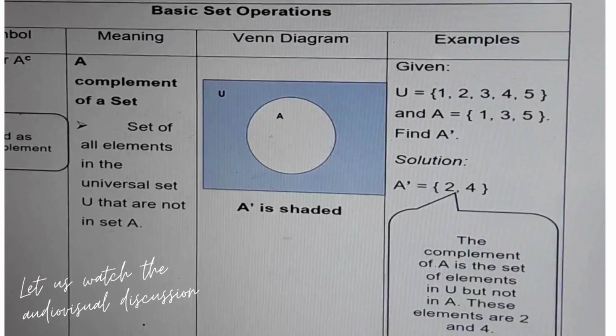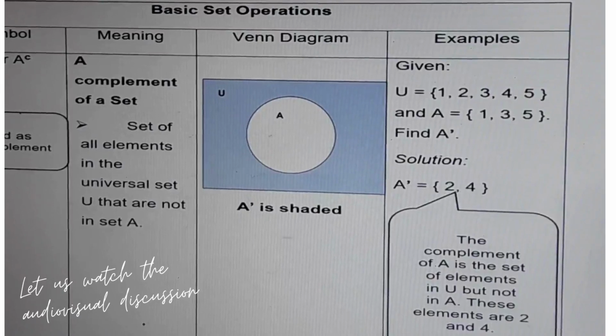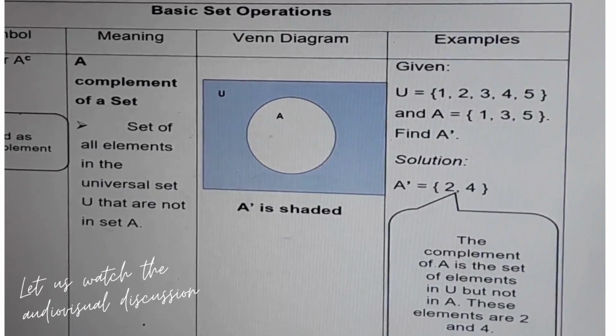The complement of a set A is a set of all elements in the universal set U that are not in set A. So it is very easy. Finding the complement of a set, compare the set to the universal set, then the elements which are not included in A are your complement set.